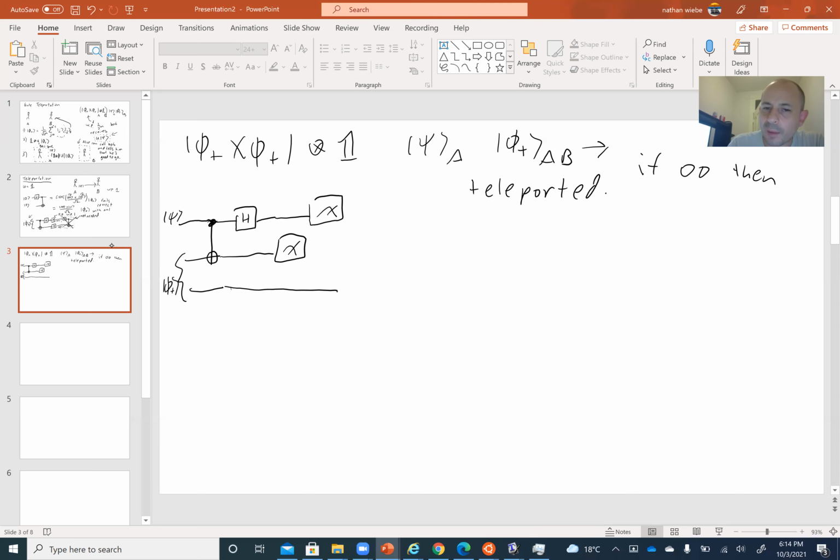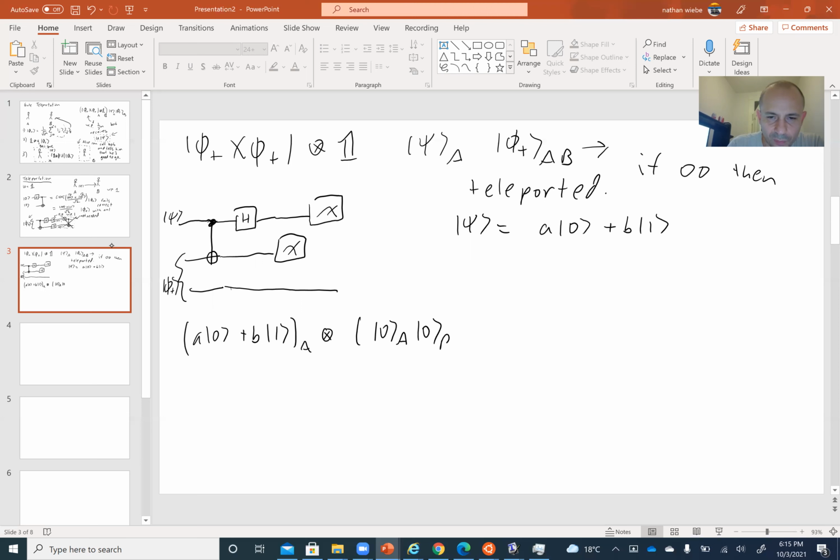So to begin with, I'm going to assume that Alice is sending in a single qubit state that without loss of generality is A0 plus B1. And so the initial state that Alice and Bob share to begin with will be A0 plus B1 on Alice's side, tensor 0 Alice, 0 Bob, plus 1 Alice, 1 Bob.